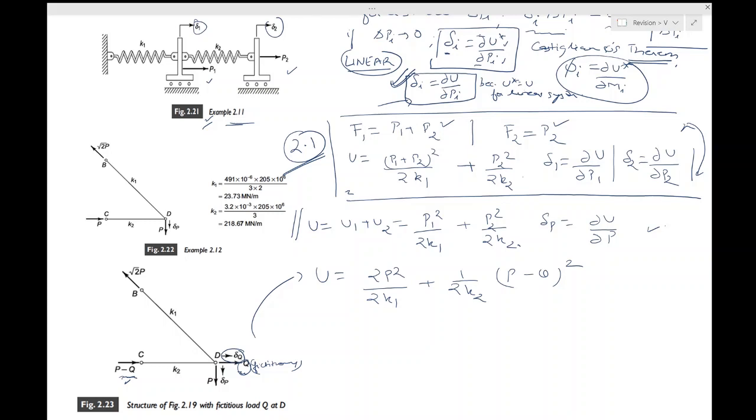All you have to do now is write delta Q is equal to dou U by dou Q, which is 0 minus (P minus Q) by K2, but Q was actually equal to 0. There was no Q in the original problem, so this would imply that delta Q is equal to minus P by K2.